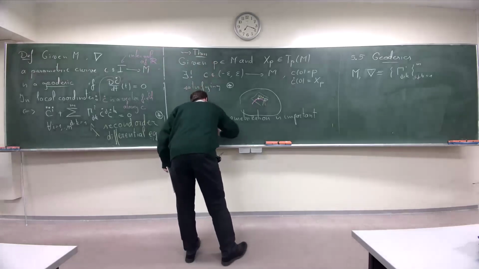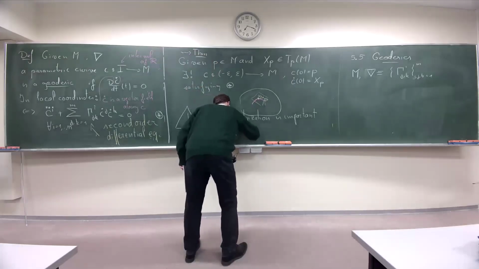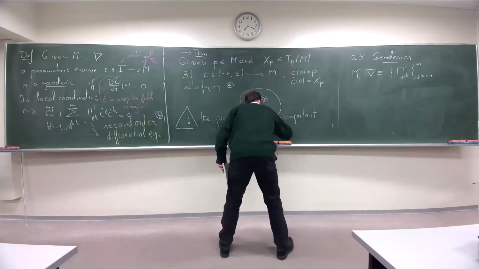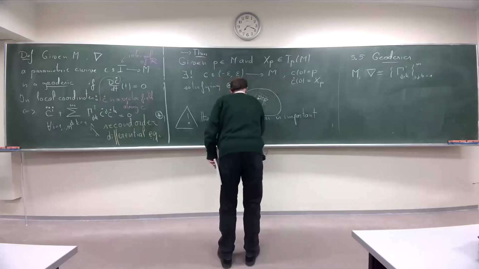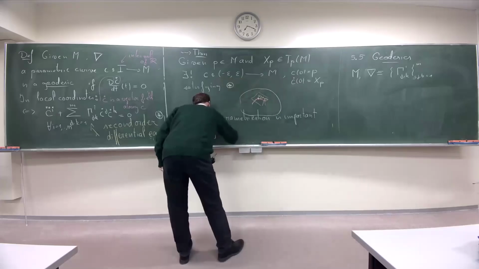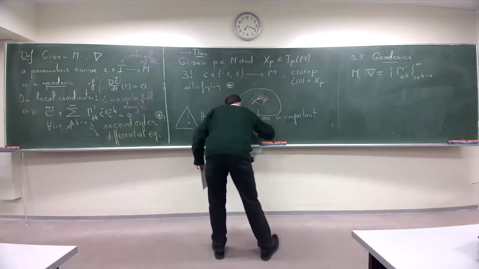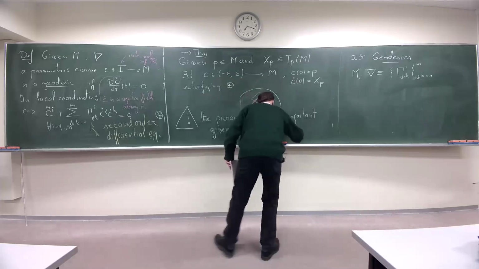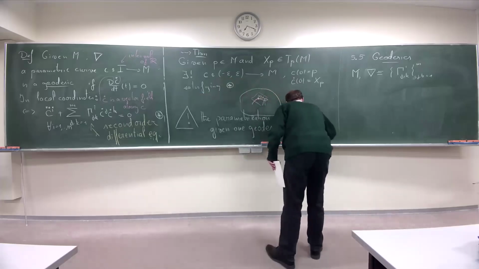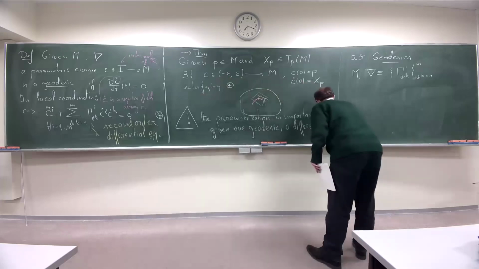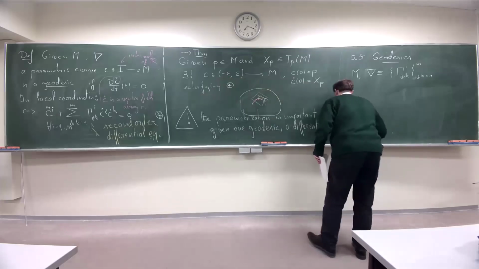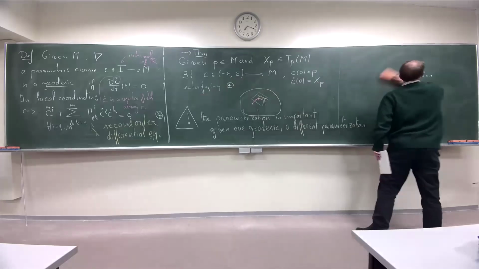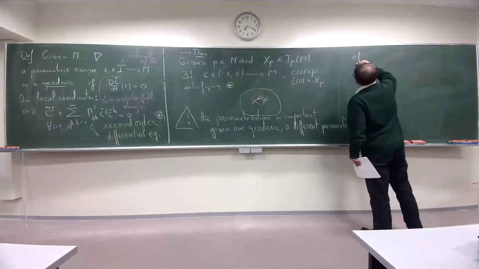What I mean is, given one parametrization of a curve, given one geodesic, suppose one is a geodesic, a different parametrization of the same curve.